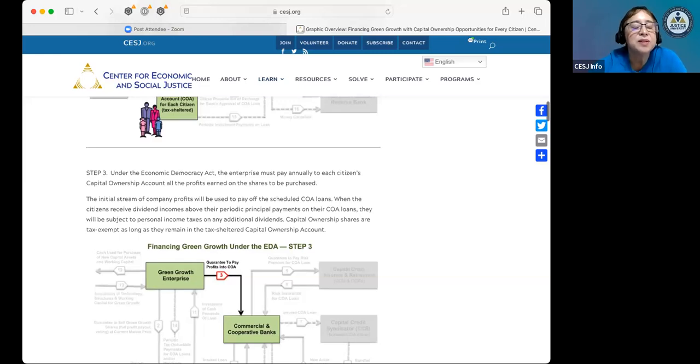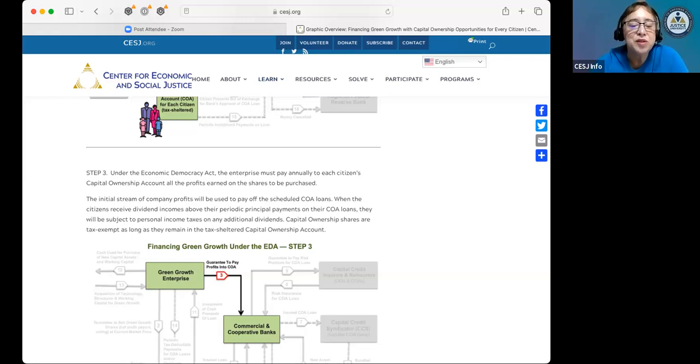Step 3 is the enterprise, when it takes the money, it's going to get money, and that new money is essentially the counterpart of the capital credit. So it's capital credit to the borrower, this citizen, through their ownership account. But the enterprise needs the money in a form that can go out and buy whatever plant and equipment or whatever it needs.